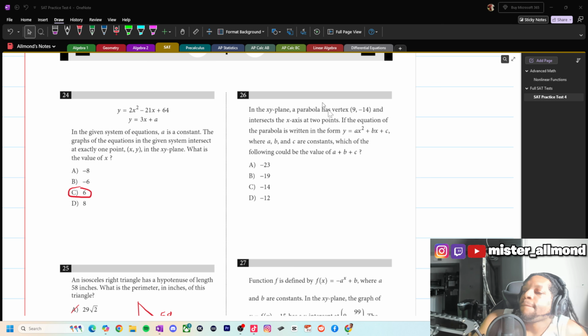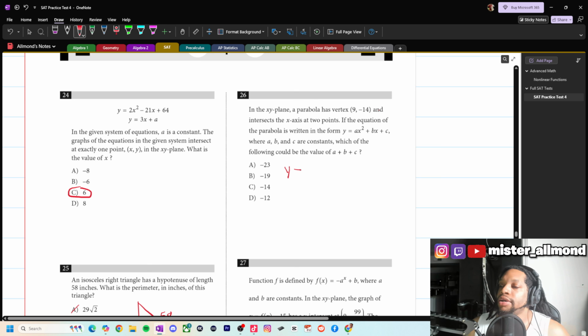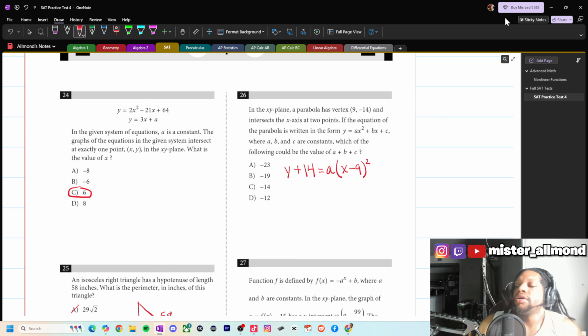So the vertex is 9 comma negative 14. So I know I can at least write it like this: A times x minus 9 squared. Okay, that I know.